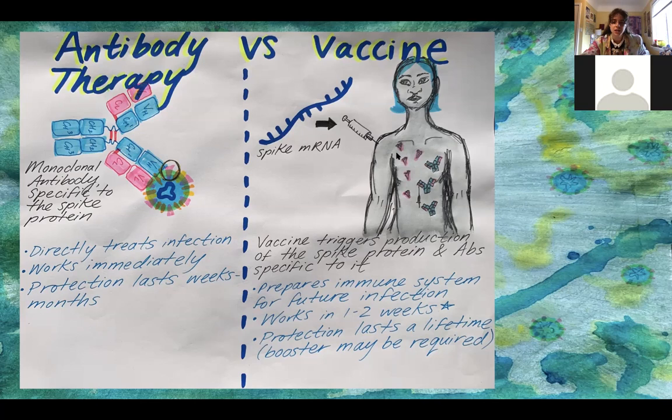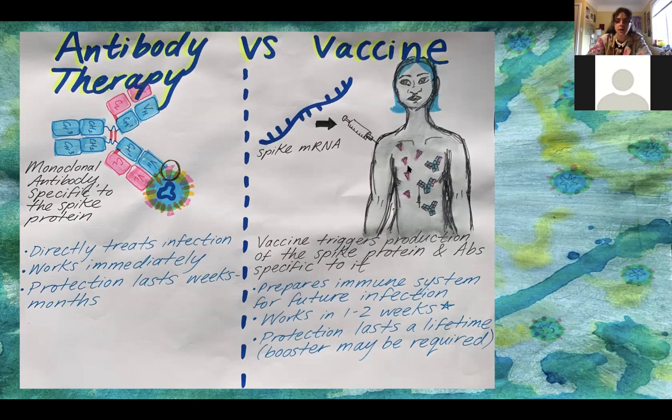This gets injected into you, and then from there, your body is going to make that protein, that key that allows the virus to sneak into your cells. That then triggers your immune system to make the antibodies, which is the same thing happening in this therapy. And then from there, you have a lifelong protection from the protein.